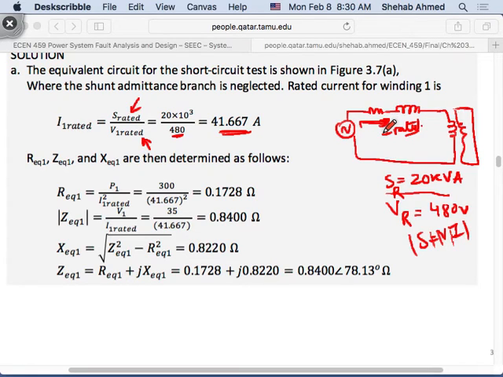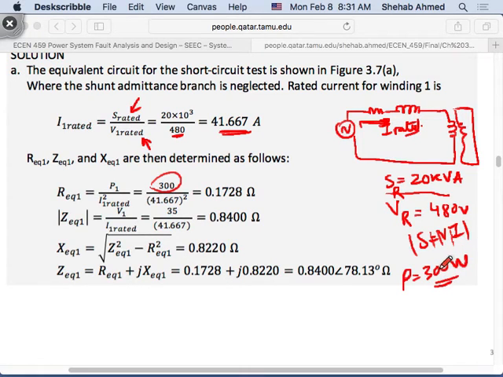So I will take a voltage source and keep ramping up the voltage until I see rated current flowing when I have a short circuit on my secondary side. When I get there, I will stop and do the measurements of power. I was given power equal to 300 watts. So I ramped up the voltage until I saw rated current flowing, and the corresponding power was 300 watts.